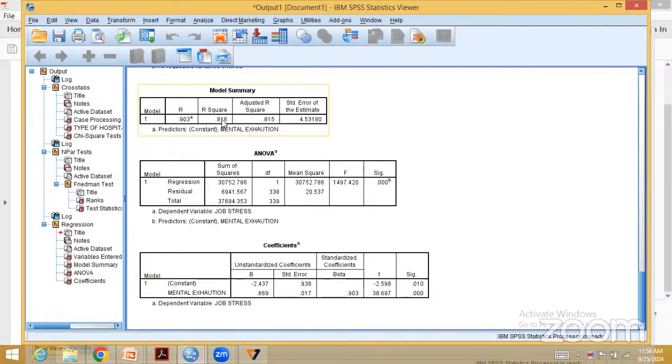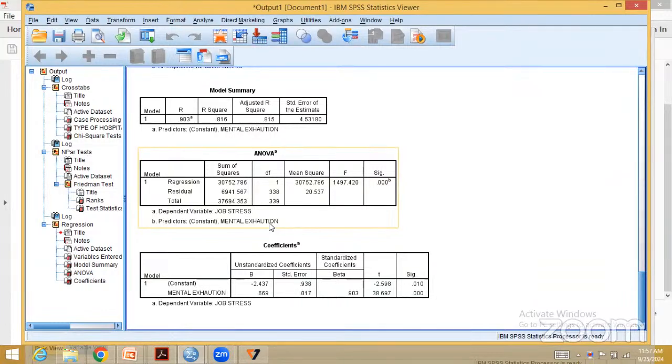So here we can say that mental exhaustion has 81.6% influence on job stress. What is the rate of the influence of mental exhaustion on job stress? Only 81.6%. So where is the remaining 18.4%?